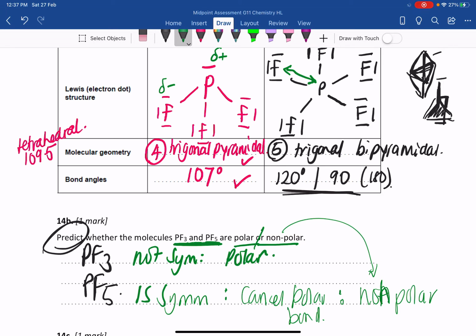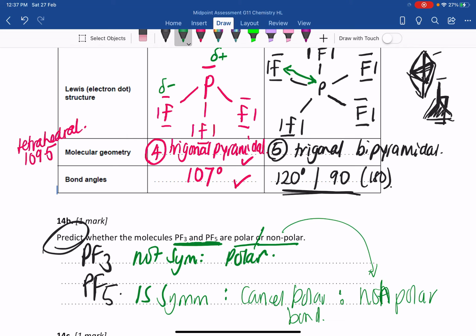Now, I know that if you look at PF5, it doesn't look particularly symmetrical. What you have to try and think of is, if you were any of the fluorines on that molecule, would your view, your environment, be the same, or would it be different to the other fluorines on that molecule?